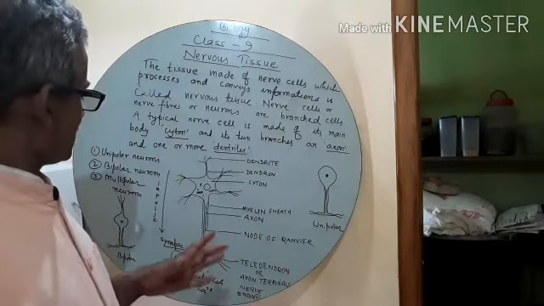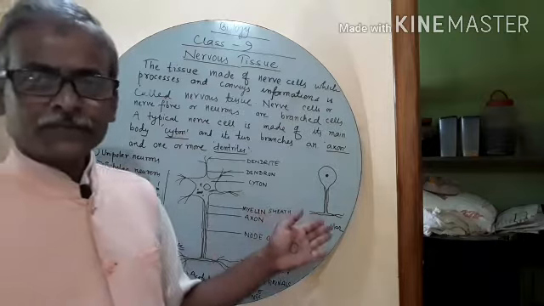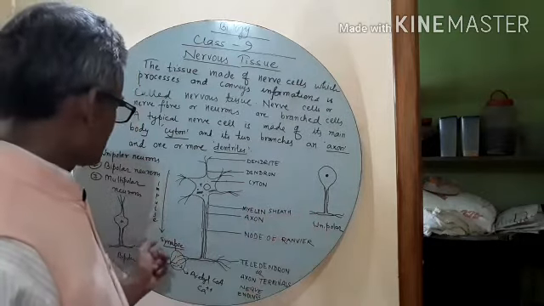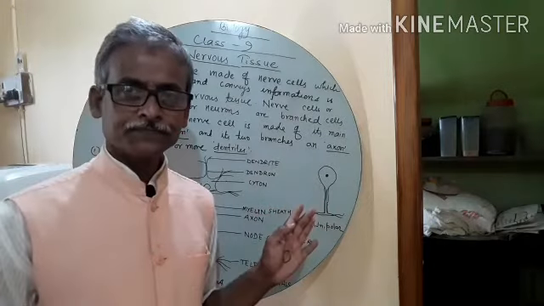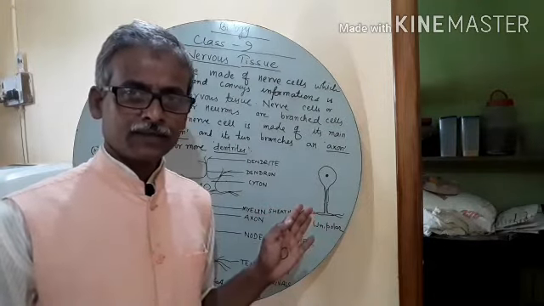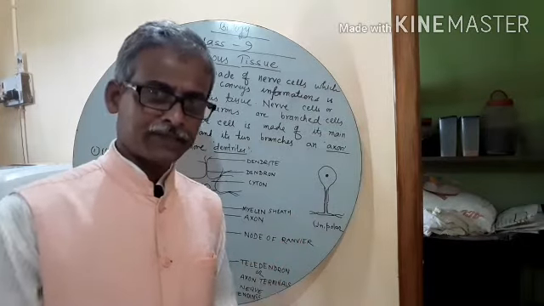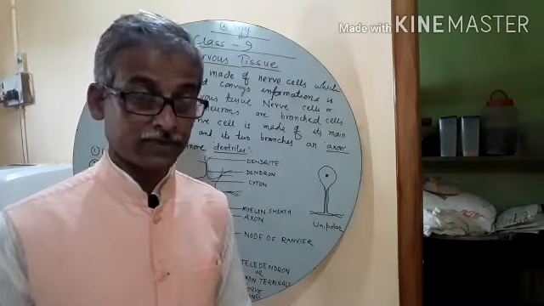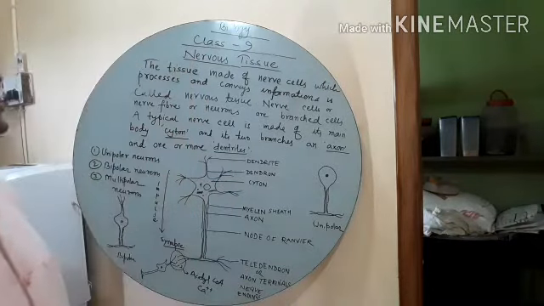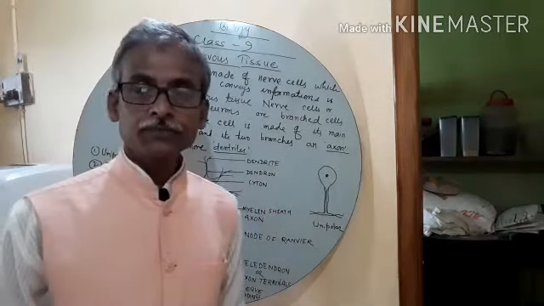They are of these three types, either multipolar or bipolar or unipolar. These may function differently, and on the basis of function they have different names. So this is the story of nervous tissue.